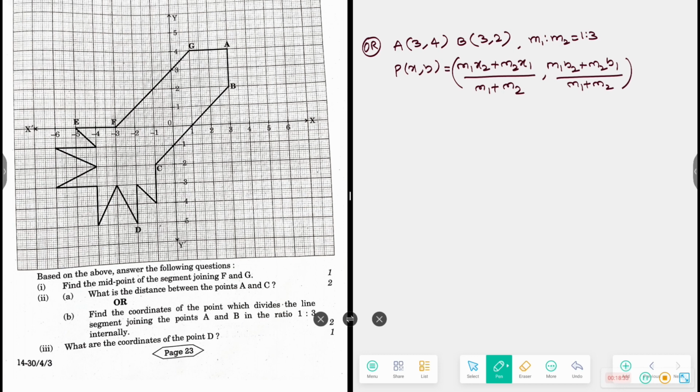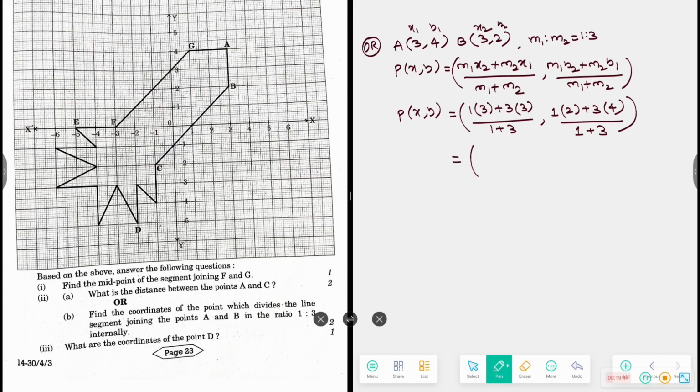Substituting the values, m1 is 1, x2 is 3, plus m2 is 3, x1 is also 3, by 1 plus 3, comma m1 is 1 again, y2 is 2, plus m2 3 into y1 4 by 1 plus 3.